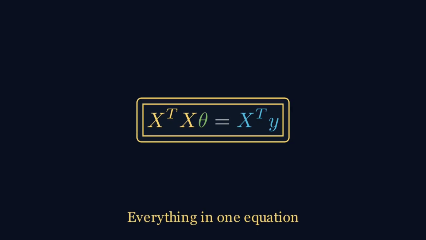This one equation contains everything, every feature, every observation, every parameter, all compressed into one clean mathematical object. And remember our goal. We're not trying to admire the equation. We're trying to solve it. Because hidden inside is theta, the parameters, the weights, the numbers defining our best fit model. So how do we isolate them?